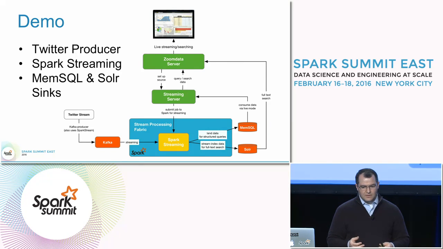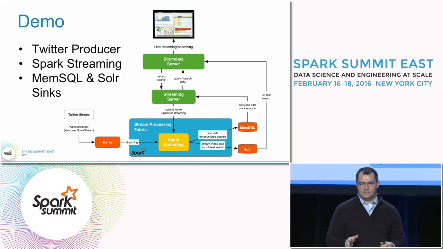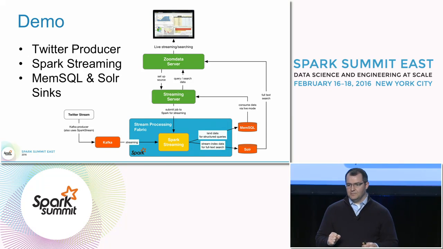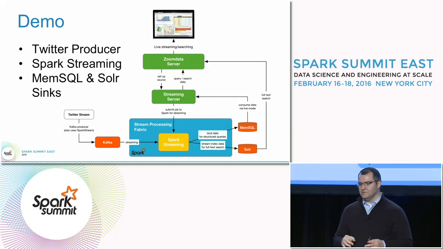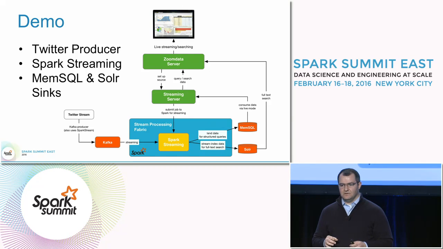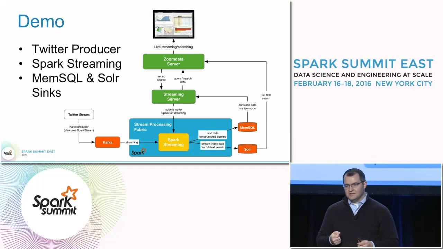So I want to take you through a little demo of how this looks within our application. What you'll see here is a Twitter producer, a Spark Streaming job taking and handling those tweets, and then we're landing into both MemSQL and Solr sinks. The Solr sink gives us some text analytics on the unstructured text.